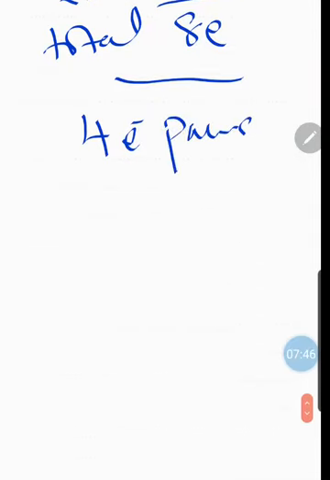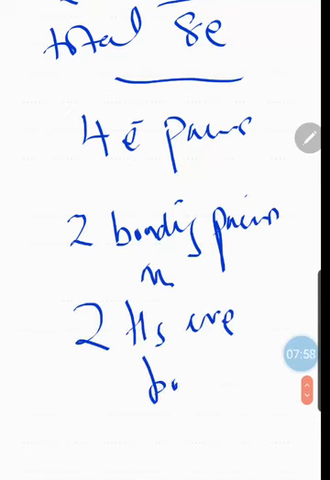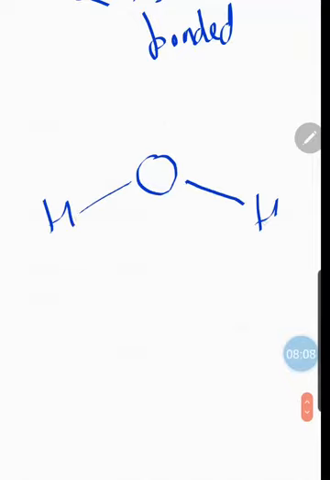This time the shape is different. The reason is there are only 2 bonding pairs, because only 2 hydrogens are bonded. So let's draw the shape. O, 2 bonding pairs. It has 2 lone pairs, 1 and 2.